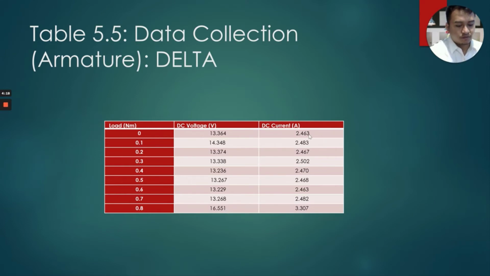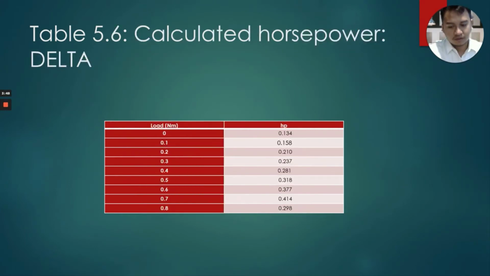And for the current, the value is almost the same, around 2.4, 2.5, but not when the load value is 0.8. The value of DC current is 3.307.